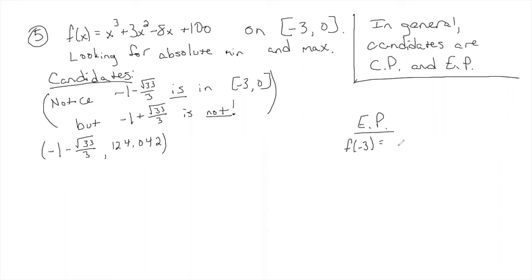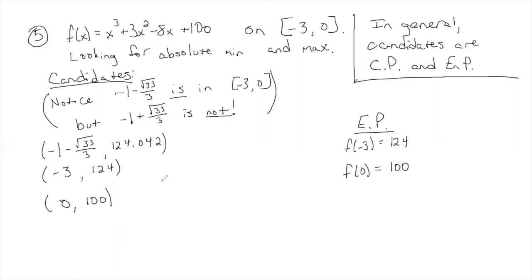It turns out to be, I won't go through all the work, exactly 124. And f of 0 ends up being 100. That one's a little bit more clear. This one requires a little bit of work, but not too much, actually. I just don't want to eat up so much space. So my candidates are -3, 124, and 0, 100.